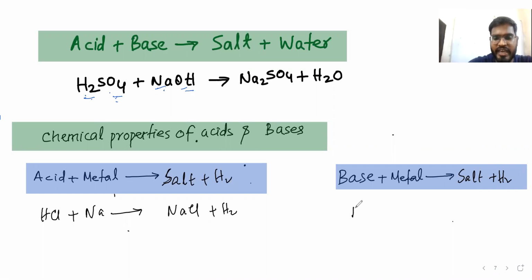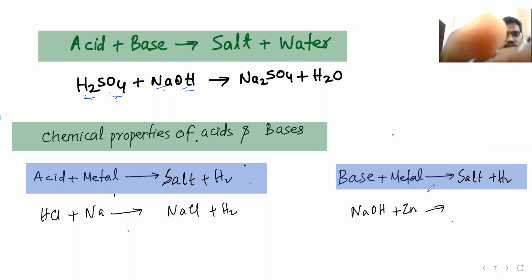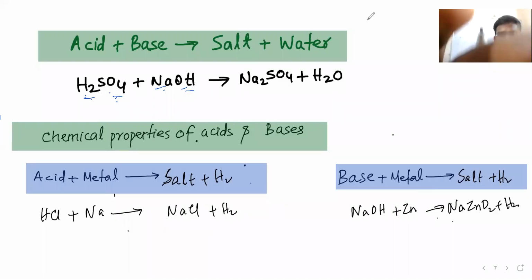Let's take the base NaOH plus Zn. So it will give Na2ZnO2 plus H2. That is base plus metal giving salt and hydrogen.